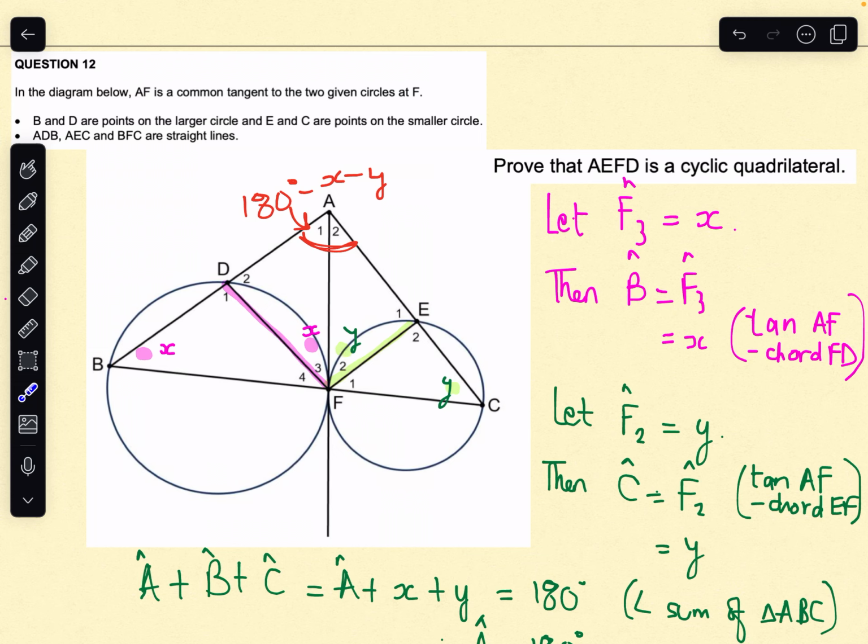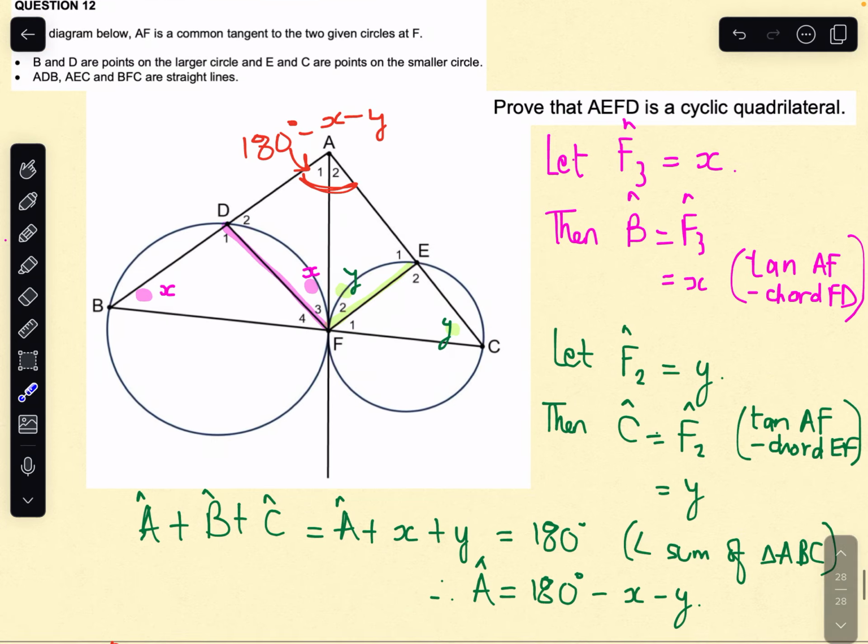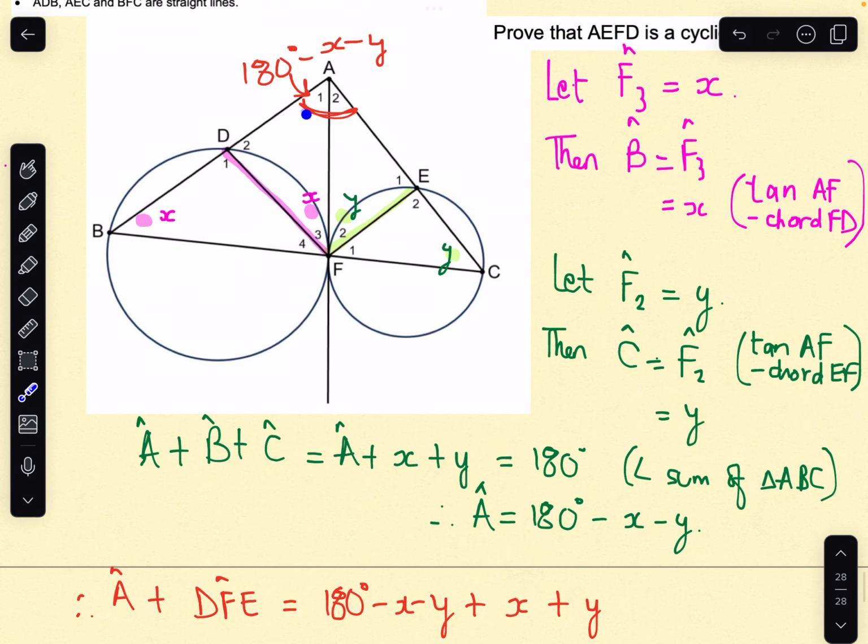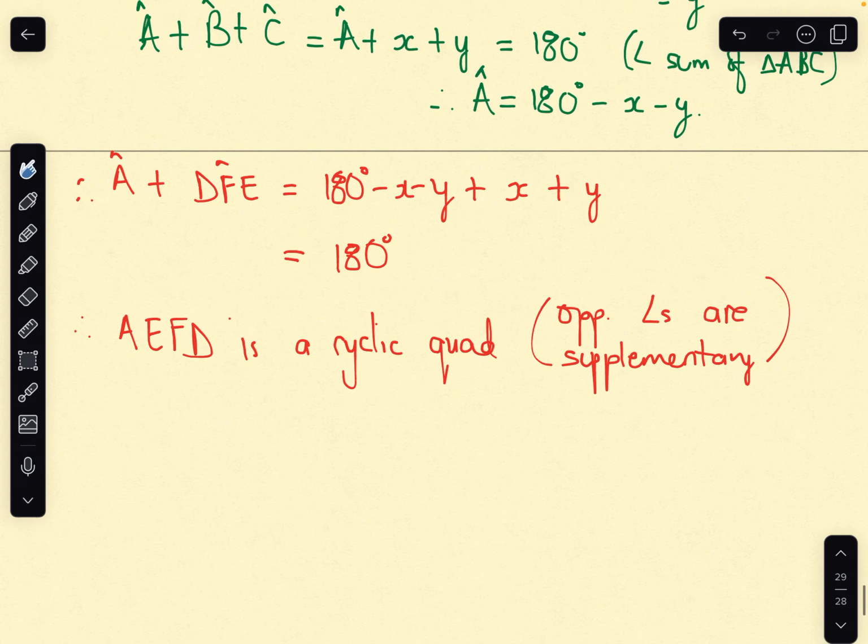And F3 plus F2 adds up to EFD. So then that means EFD plus this angle is equal to 180, and therefore it is a cyclic quad. Now it looks like my reason is off. The reason is converse of opposite angles of cyclic quad. I guess, yeah, converse is the nicer word to feature in there.